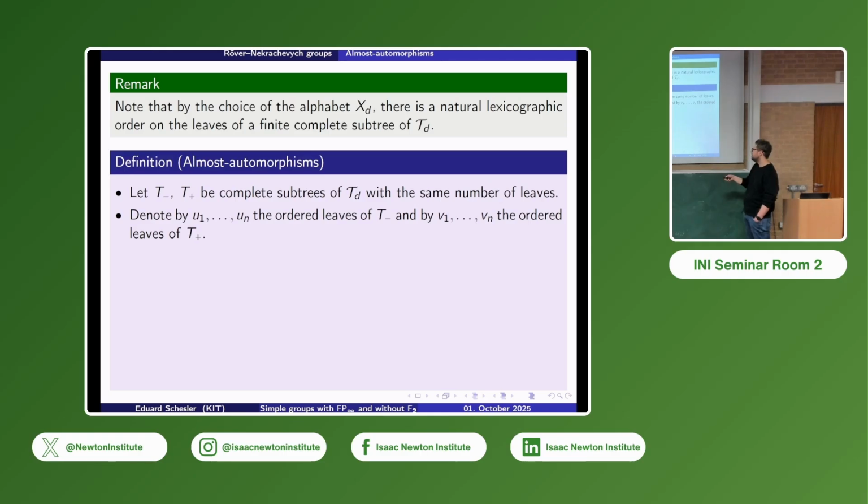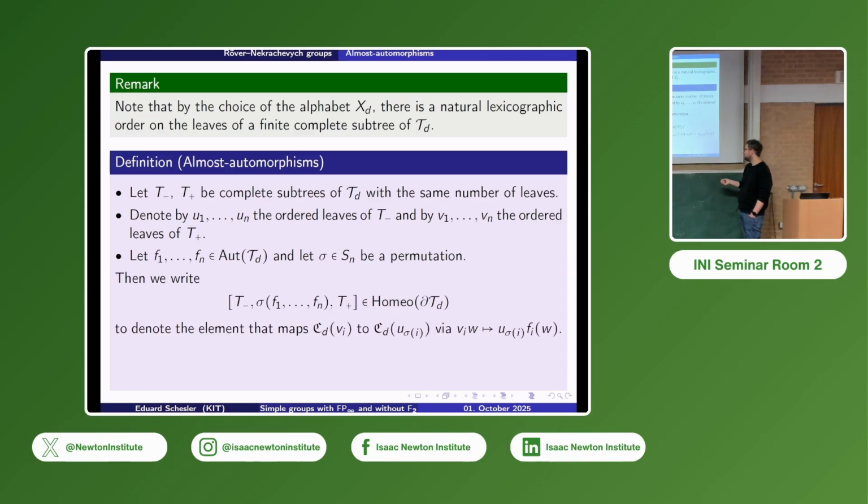In T minus, we denote the leaves by U1 to Un, and in T plus, we denote them by V1 to Vn. We further consider a sequence of elements of actual tree automorphisms and a permutation, S_n.